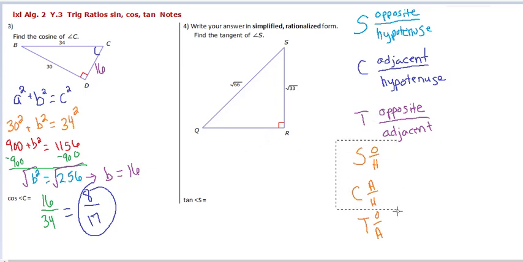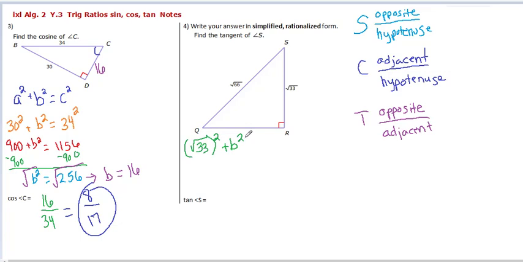Okay. Now for this next one, I'm going to get rid of some of this. Here, we'll get rid of this one. Again, we have a leg that is missing. So we have to use our Pythagorean theorem. So it's the square root of 33, and it's that whole thing squared, plus b squared equals the square root of 66 squared.